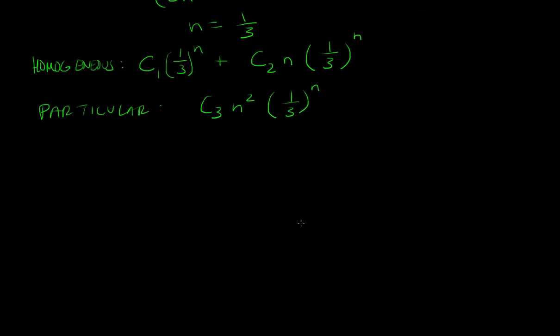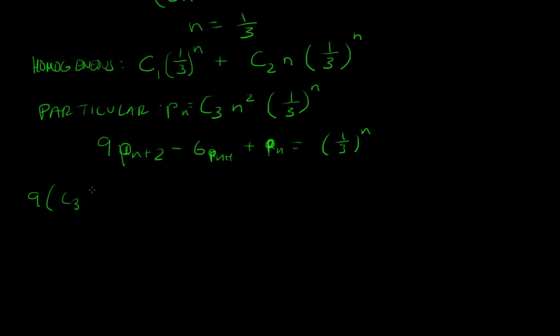So rewriting the original, we have 9a_{n+2} - 6a_{n+1} + a_n = (1/3)^n. Now you can think of this as the particular solution, p_{n+2}, p_{n+1}, p_n. So we're looking for p_{n+2}. That means we'll substitute n + 2 in for n.